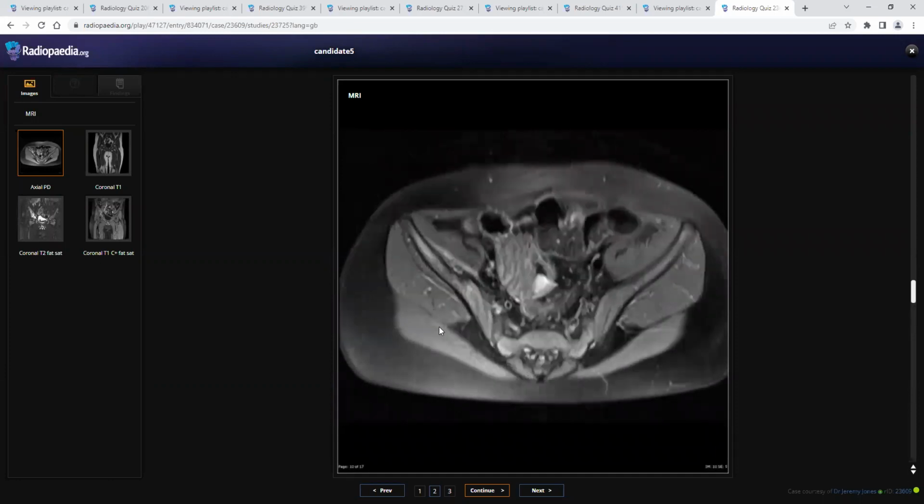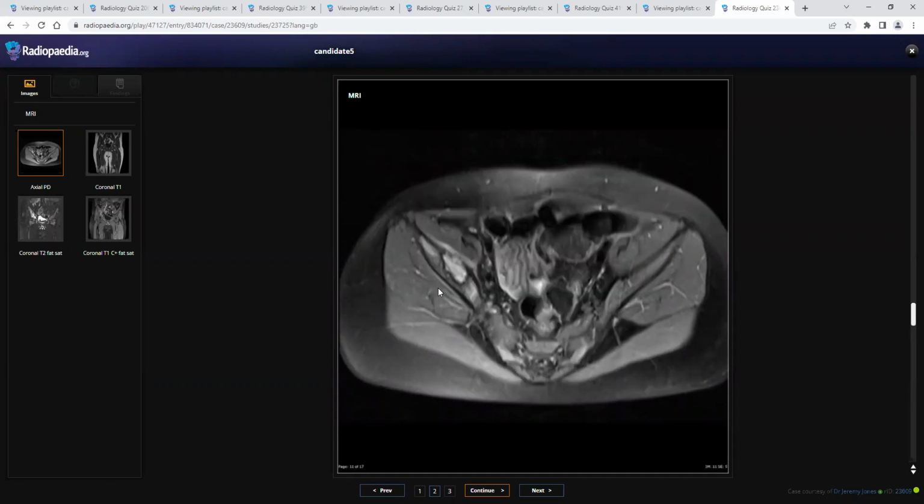It is a bit hyperintense on this fat-saturated sequence. The cortices are also a bit intact laterally, apart from some soft tissue extending medially, with some hyperintense signal extending along the psoas muscles.